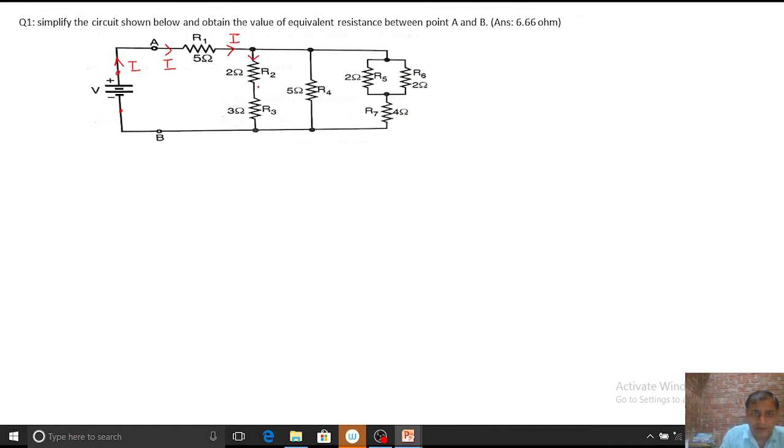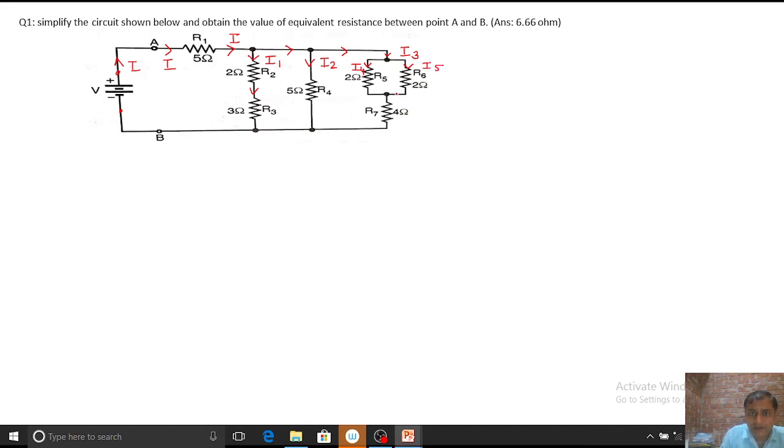Assume this current is I1, in this branch the current is I2, and here is again a different current, I3. This current I3 is also divided in 5 and 6: this is I4 and this one is I5.